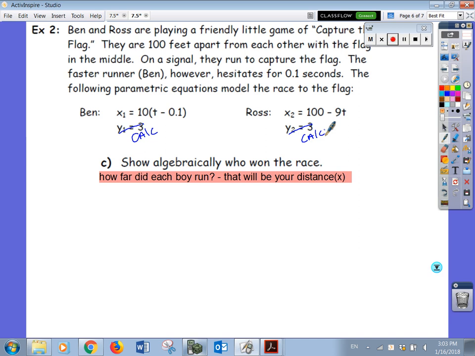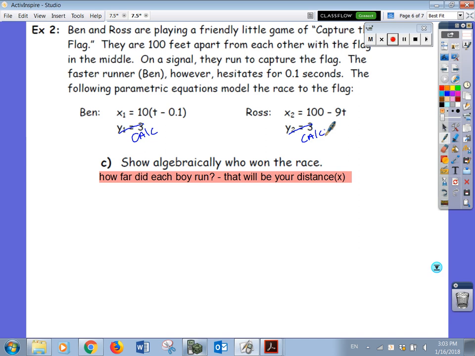If they're playing capture the flag, they're going to be directly across from each other. Think about a track where they're both in lane 3, one on the north end and one on the south end, running towards each other. They're going in opposite directions, so that's why this is positive in front of the t, and this one's negative in front of the t.